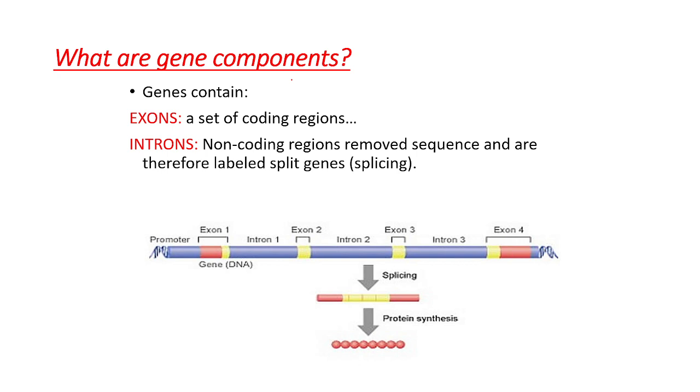So these introns are the non-coding, removed sequences, hence the term split gene splicing. The introns move outside, the exons join together, and then we get our protein.